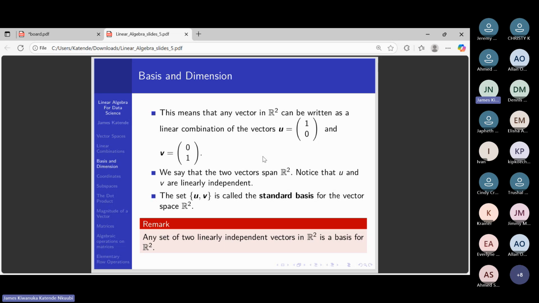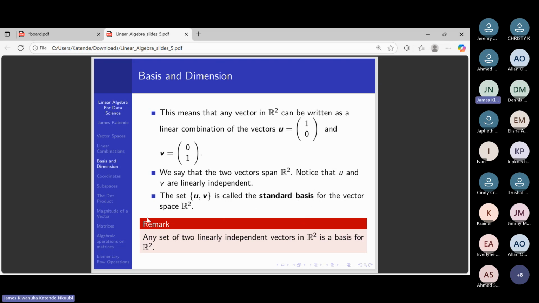So now let's go to this last remark. This remark says that if you pick any two linearly independent vectors in R2, they will form a basis for R2. So the keyword is this basis. And there are two things you need to pick up from here: when a set of vectors spans a vector space, and this standard basis for R2.